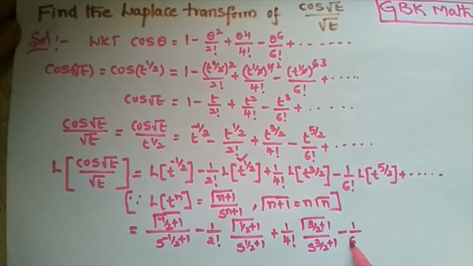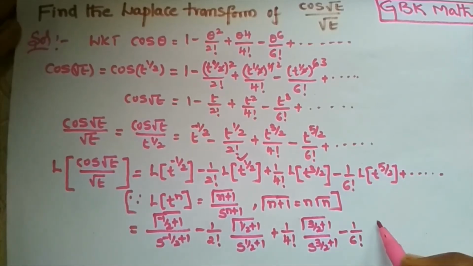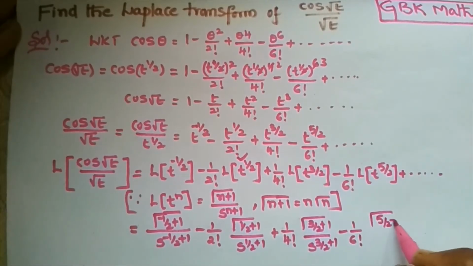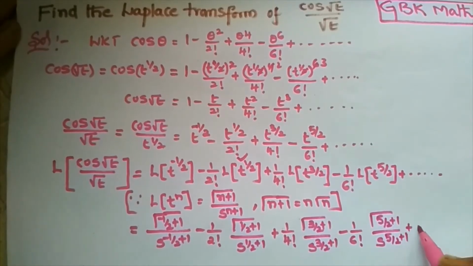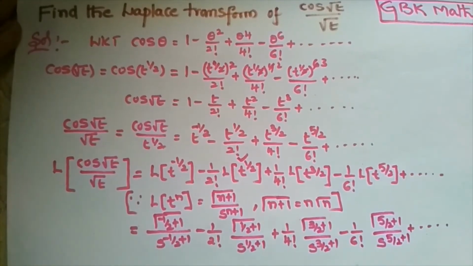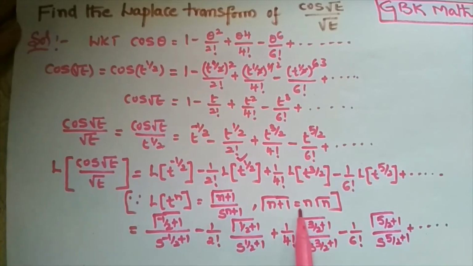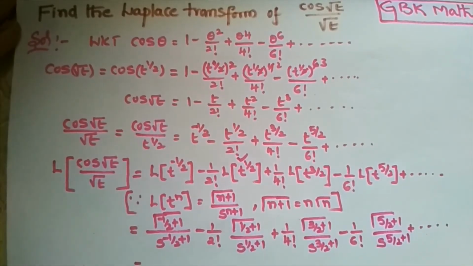1 by 6 factorial as it is, gamma of 5 by 2 plus 1 by s power 5 by 2 plus 1 plus and so on. According to this formula, I can expand this one.